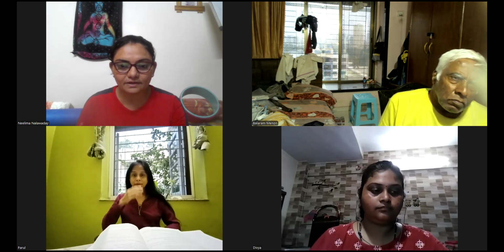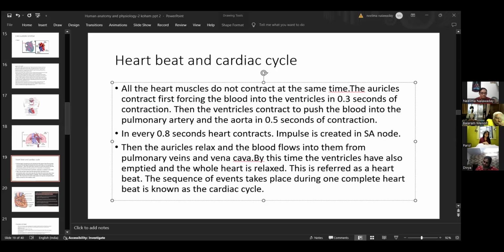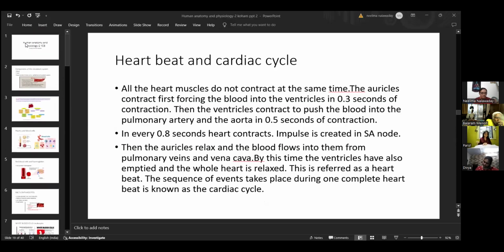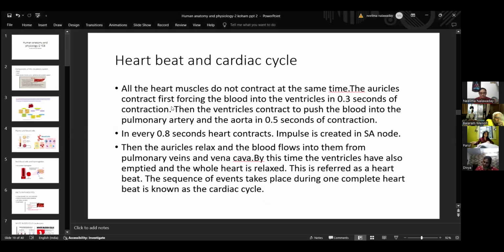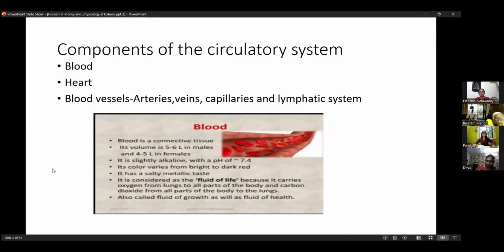Today's topic is the circulatory system. The circulatory system is related to the circulation of blood in our body.